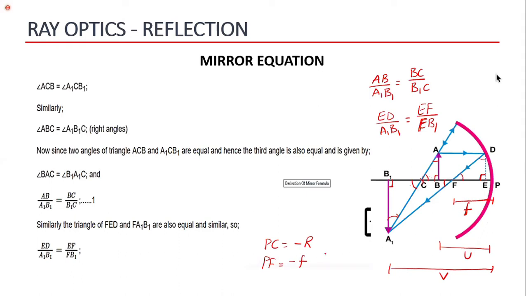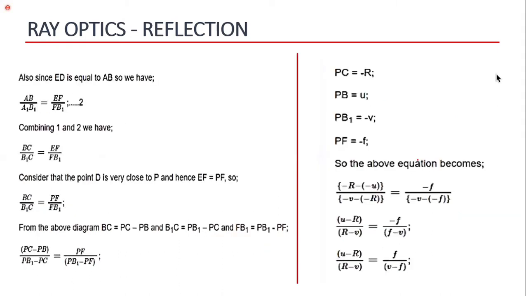So this is what I have written here. Now substitute in the above equation. U is also minus. U is not positive. It is on the left hand side, no? Yes, U is also minus.